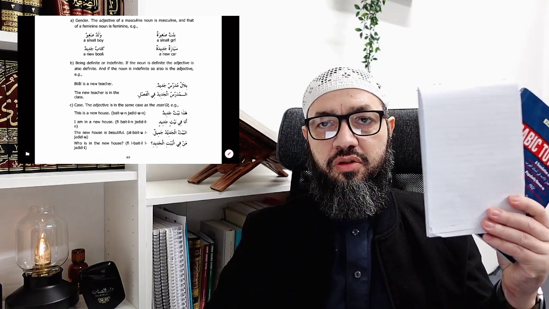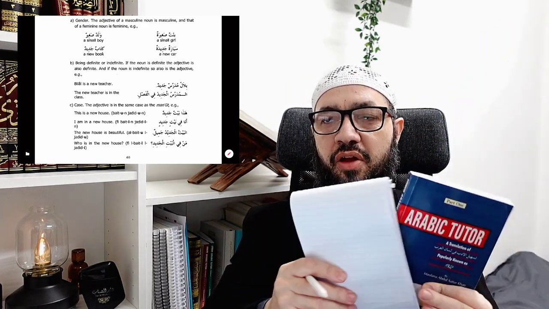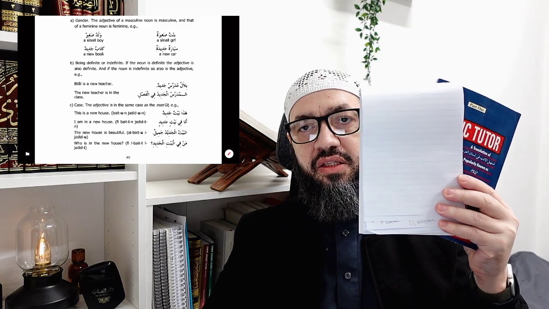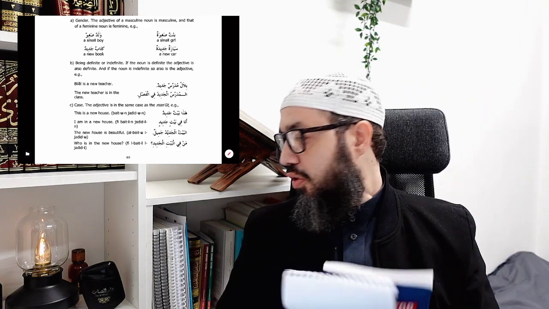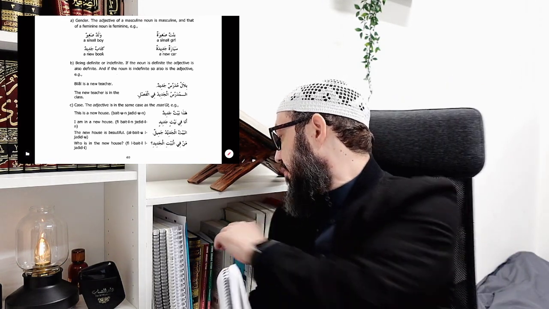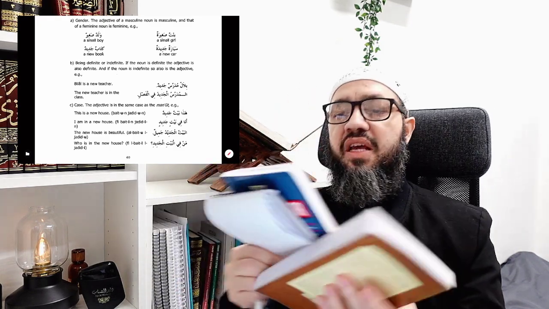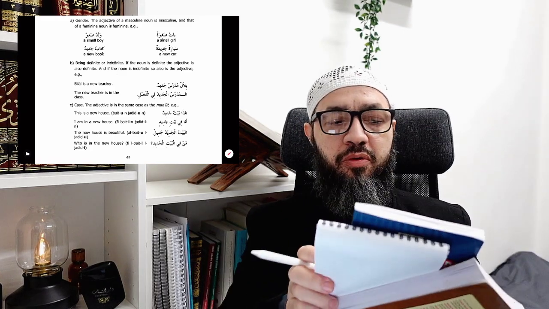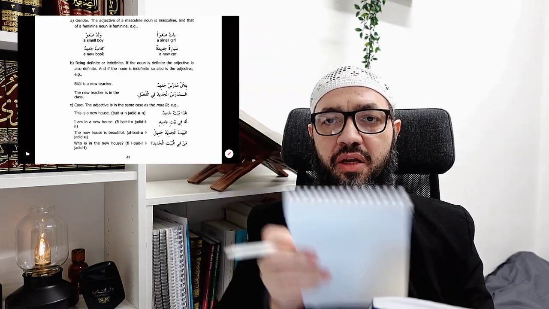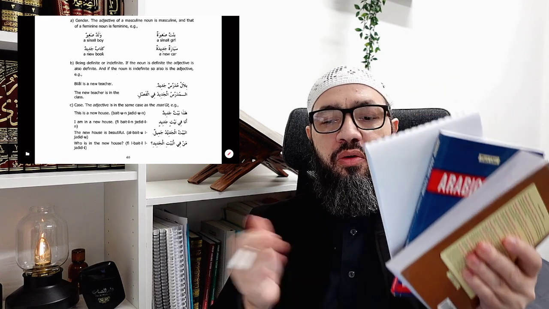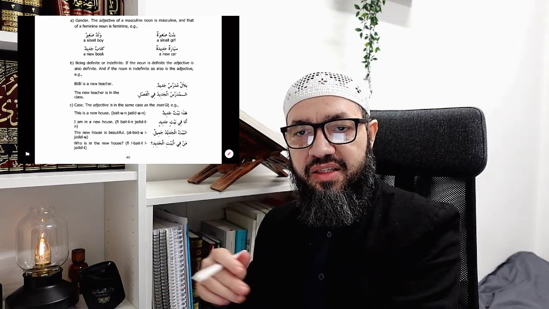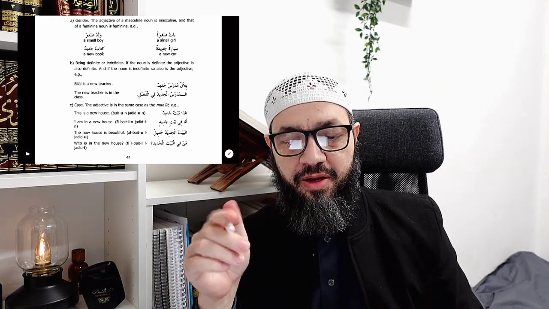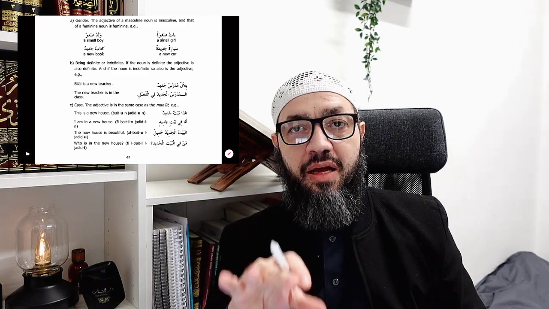Two books. So you have kitabun, you have kitabani, two books, right? Or you have three or more books, in which case it becomes kutubun, right? So you have kitabun one, kitabani two, kutub three or more. The author covers that in lessons, I think, 11 and 12 coming up. So that's plural, but he hasn't covered it yet, so he doesn't mention it here.